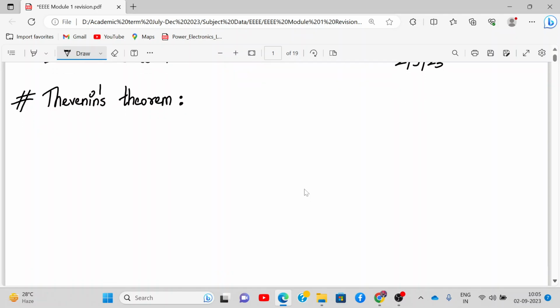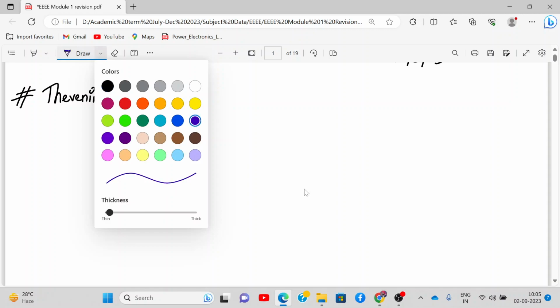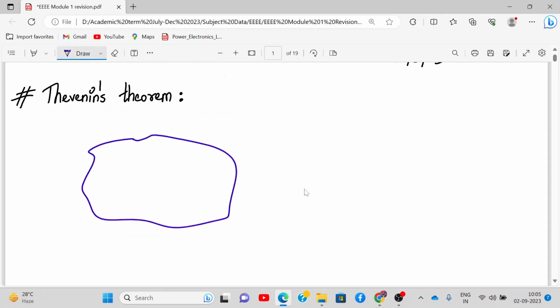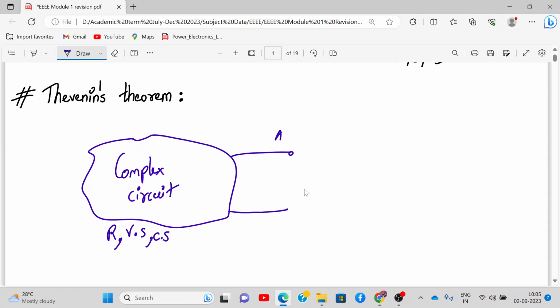What this theorem says is that if we have any complex circuit consisting of R, then voltage source, then current source, looking in a very complex manner, and we take out the terminals at the output A and B, this complex circuit can be replaced according to Thevenin's theorem by a single voltage source in series with a resistance.